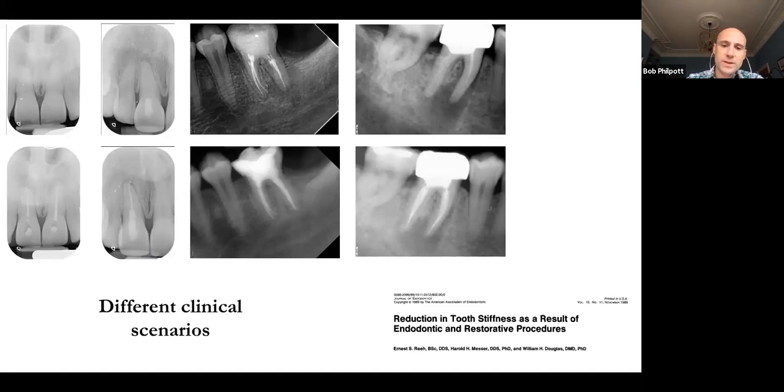If we look at the images that I have up here, you do see lots of different clinical scenarios. So in some situations, for example, we get these calcified teeth, and I will talk specifically about these later, about the difficulties we face in terms of access, but also I think in terms of the tips and tricks that we can follow that are very obvious in relation to teeth like these.